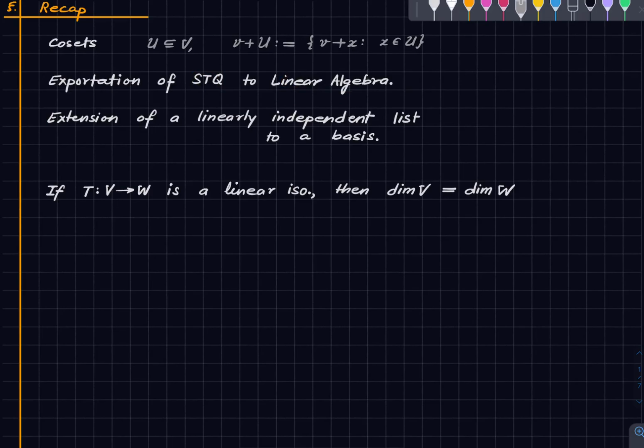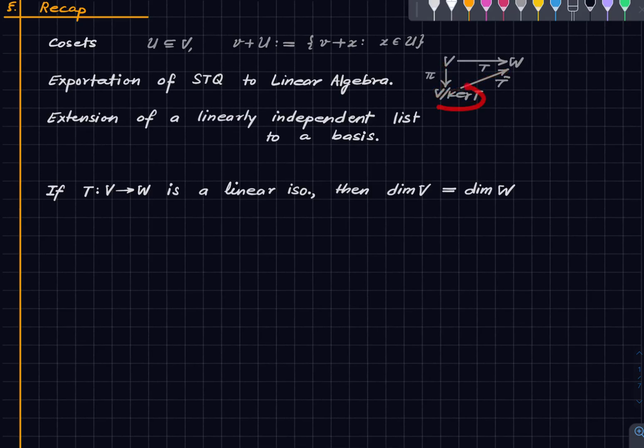What we did was we saw that if we have a linear map T from a vector space V to a vector space W, then just by set theoretic quotienting, this factors through the set of all the cosets of the kernel of T, because that is precisely the set of all the non-empty fibers of T. And we saw that there is a unique vector space structure here which makes both pi and T bar linear.